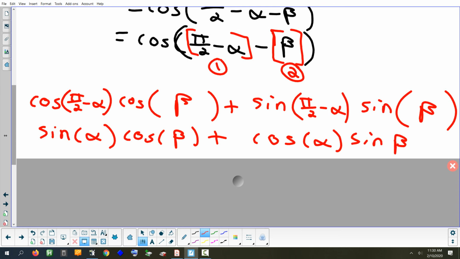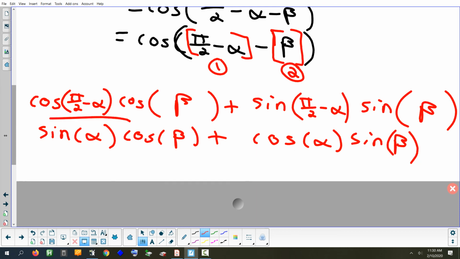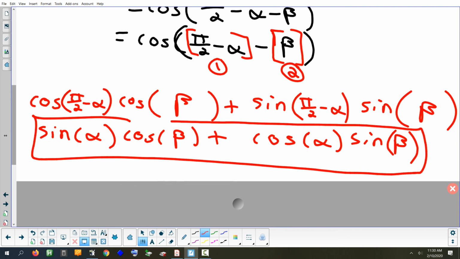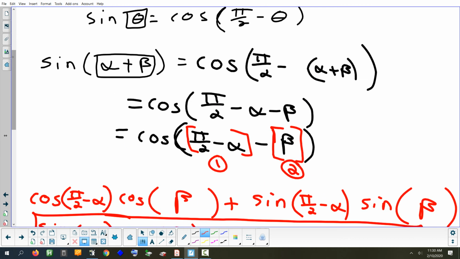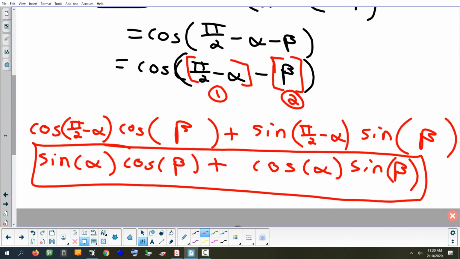And that is the formula for the sine, what did we say? Sine of a sum. It's sine of the first, cosine of the second, plus cosine of the first, sine of the second. Now I get all mixed up which one's which.